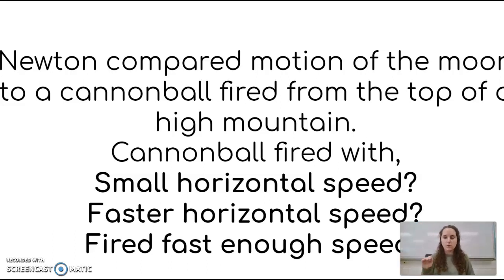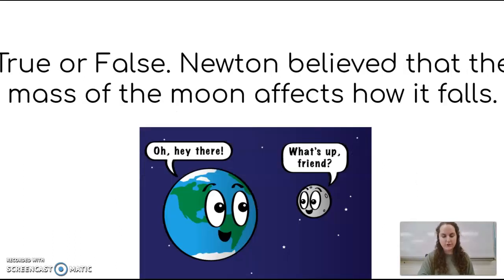A faster horizontal speed, again, it's going to zoom down but have a longer parabolic path. And if it was fired at a fast enough speed, it would actually start to orbit around the Earth because it has enough tangential speed, and it has this acceleration pointing it towards the center, and it's just going to continue to fall around the Earth due to this force of gravitation.